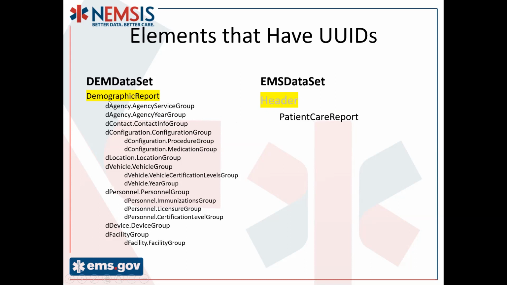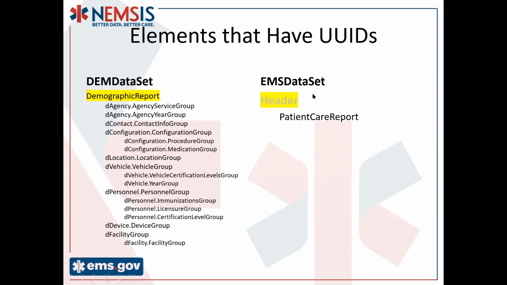Okay, here's our dilemma. In the candidate release, we added a UUID to demographic report. This is the data object that represents the agency itself, the agency as a whole. We did not add a UUID to the EMS dataset header, and the purpose of that header is to identify an agency.